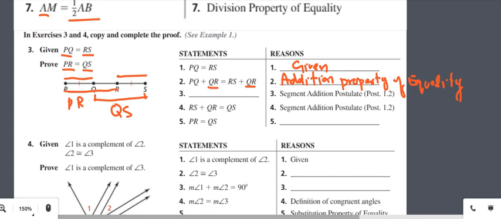Then look here now. What is PQ plus QR? Can you tell me?